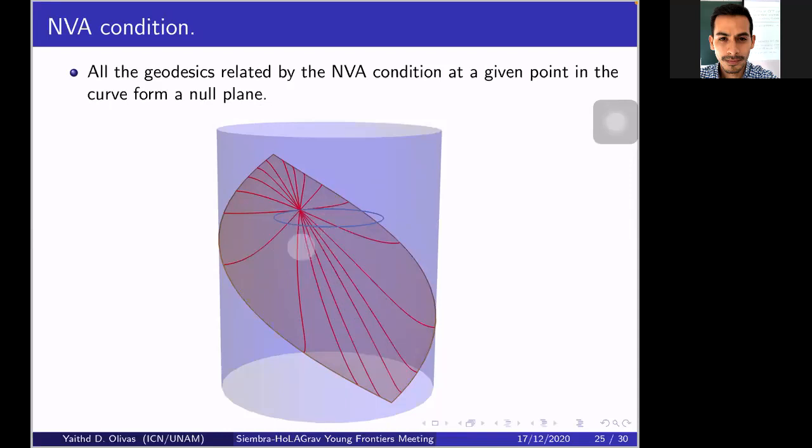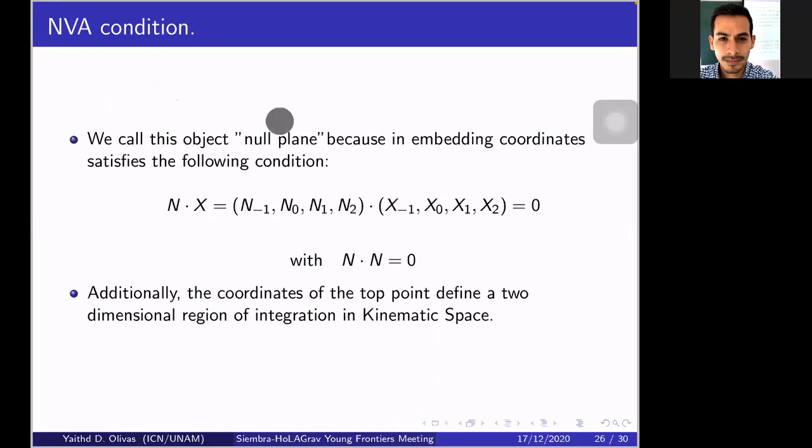And this object is what we call a null plane. The reason that we call this a null plane is because it satisfies these properties in unbending coordinates, essentially it's a plane. And an important thing to say here is that the coordinates of the top have defined a two-dimensional region of integration in kinematic space. And this is exactly the kind of region that we would like to integrate over.